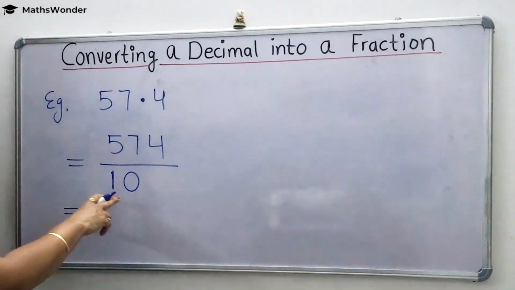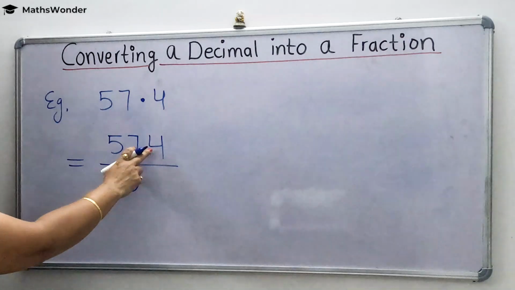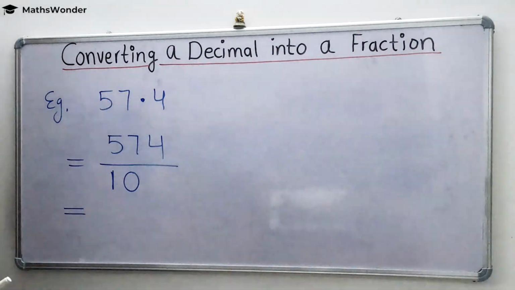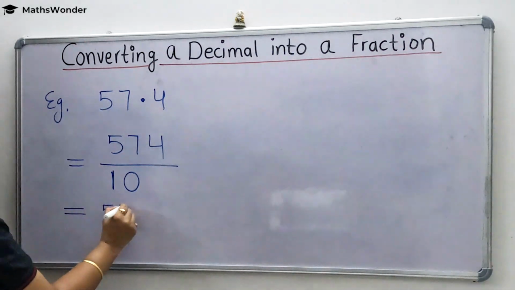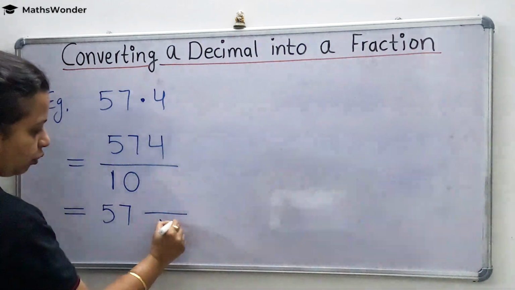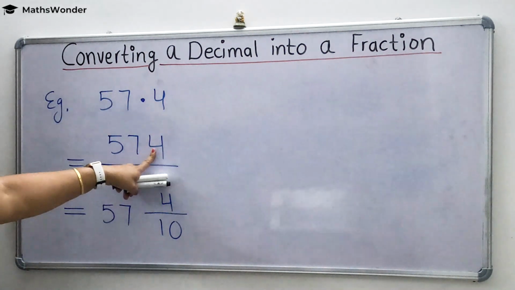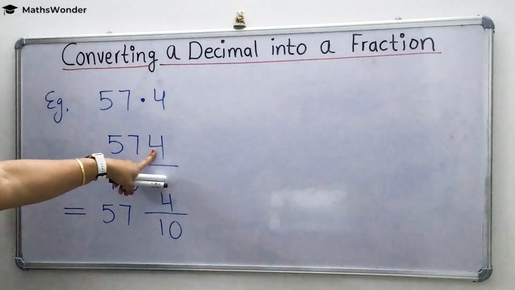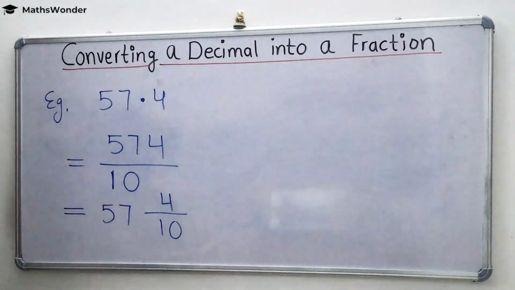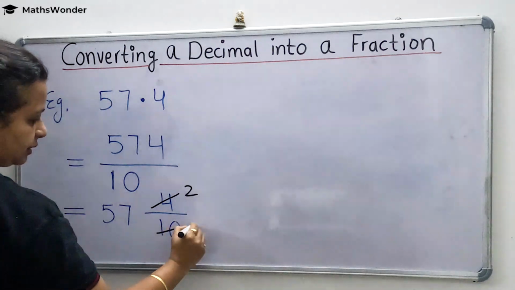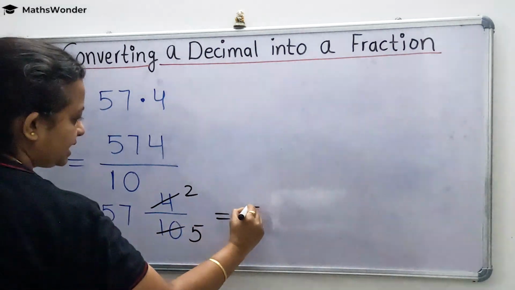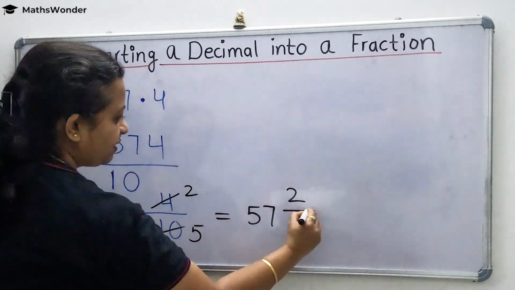If the denominator is 10, only one digit goes in the numerator of the fraction part: 57 you write as the whole number, and 4 over 10. Only one digit you can write there, and then we can reduce. So the final answer is 57 2 over 5.